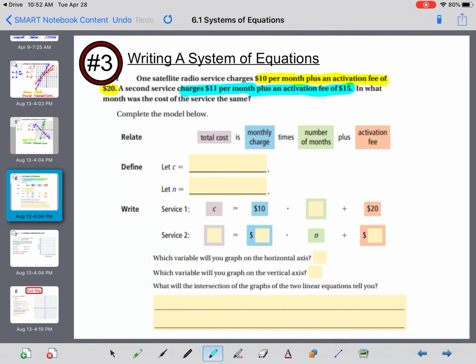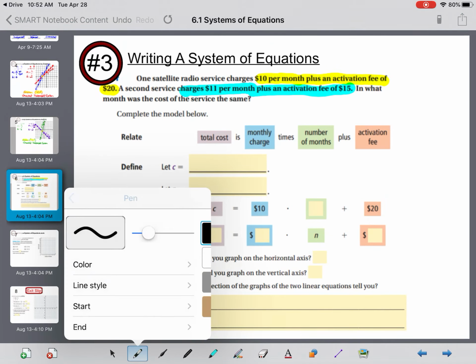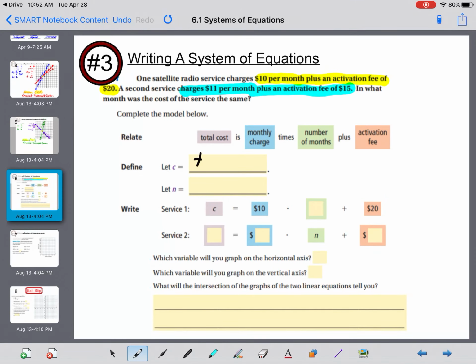So the first thing they want us to write is two equations representing the yellow highlighted information and the blue highlighted information. C is going to represent the total cost. N is going to be the number of months.